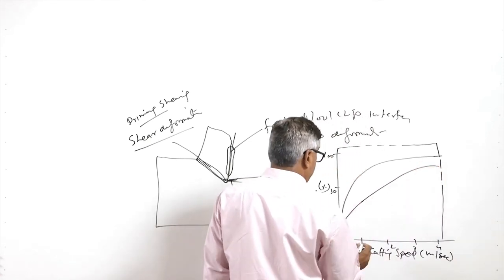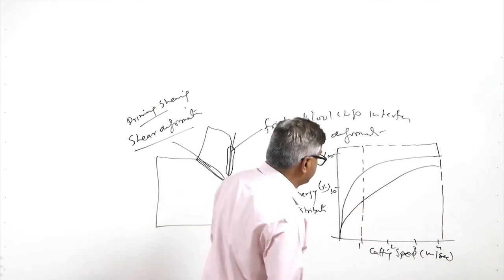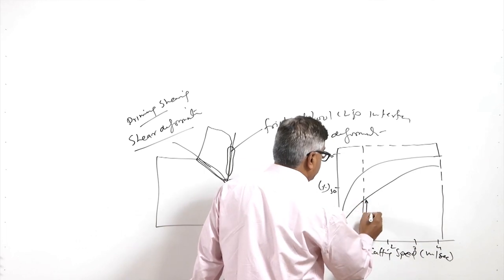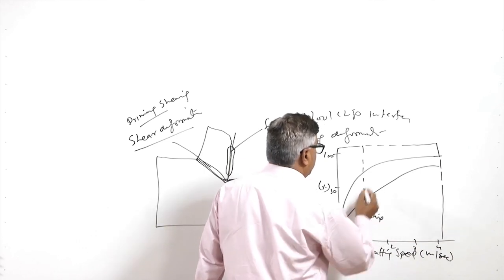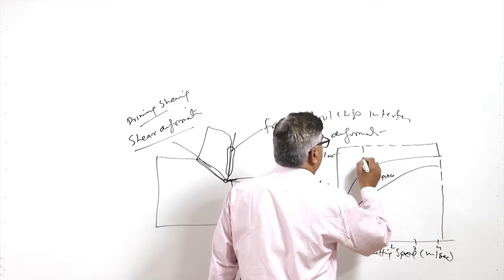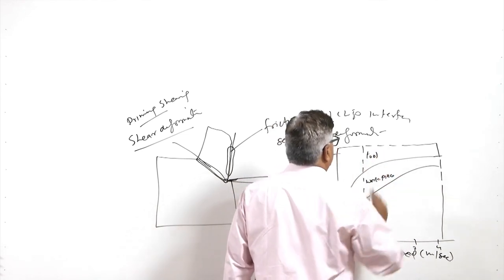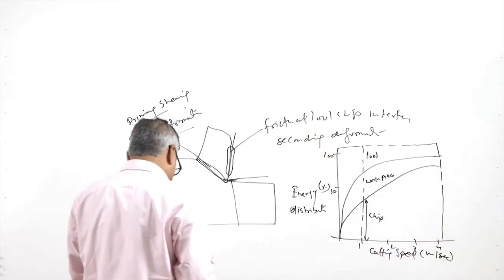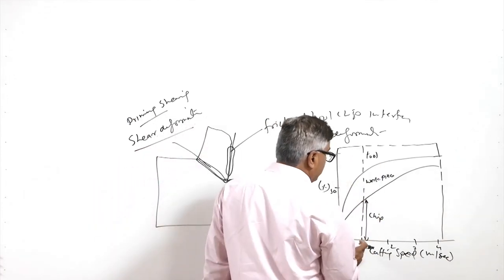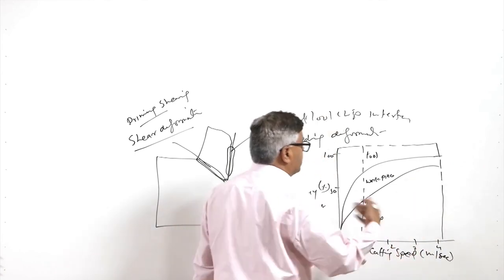If we take any condition, corresponding to a particular speed, this will be showing the energy going with the chip. This is the energy with the workpiece, and this is the energy with the tool. So, according to this, at low speed the tool takes a lot of energy, while at high speed the chip takes away most of the energy being generated.